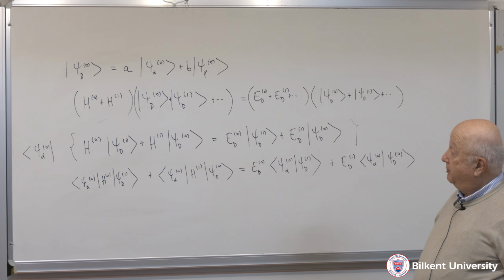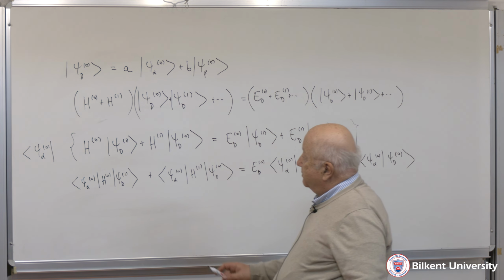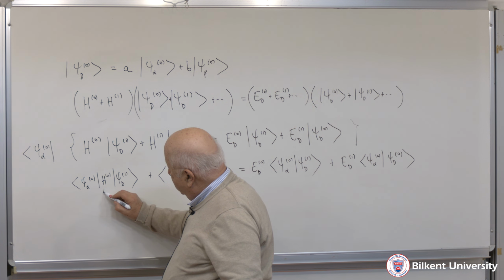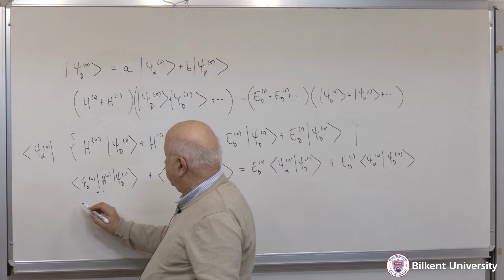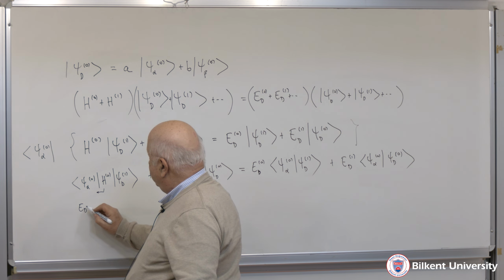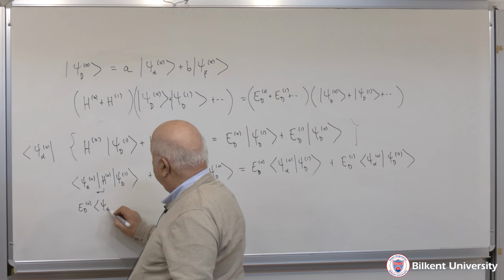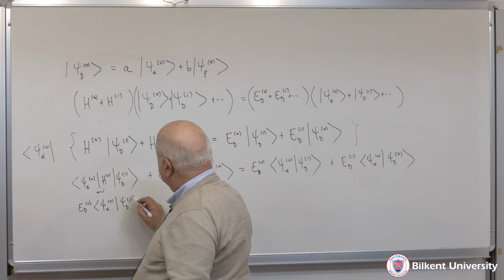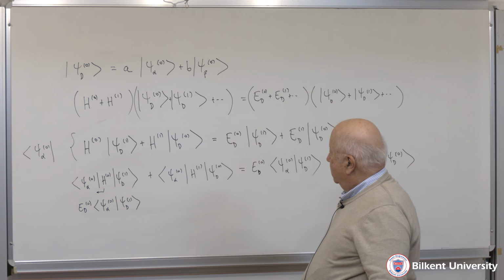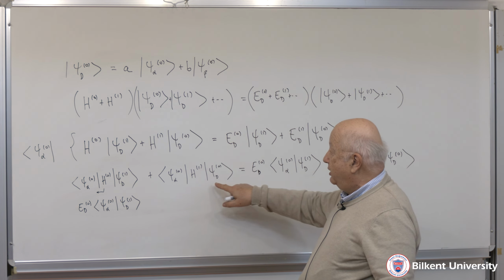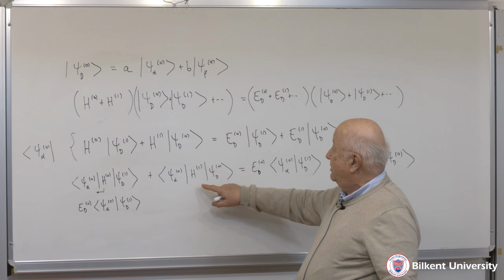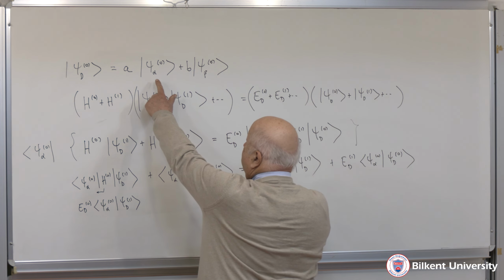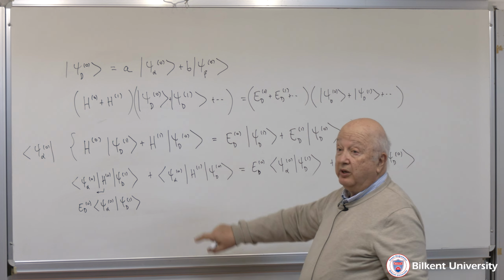Now you'll help me out with finding what these things are. Psi alpha 0, H0 operating towards the left, I know what that is. This term is going to give me E d0 and the inner product of psi alpha 0 with psi d1. What about over here? Well, psi d0 has really two terms in it. It has a psi alpha 0 and a psi beta 0, and there's an H1 in between.